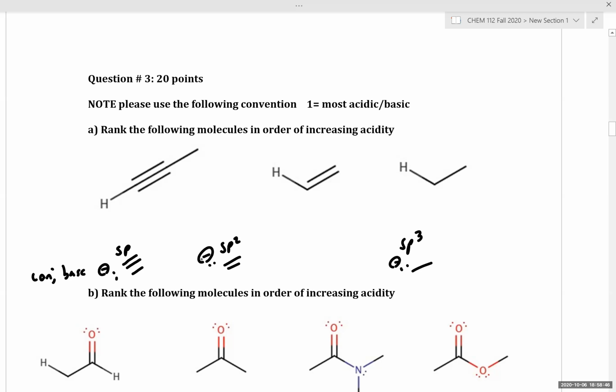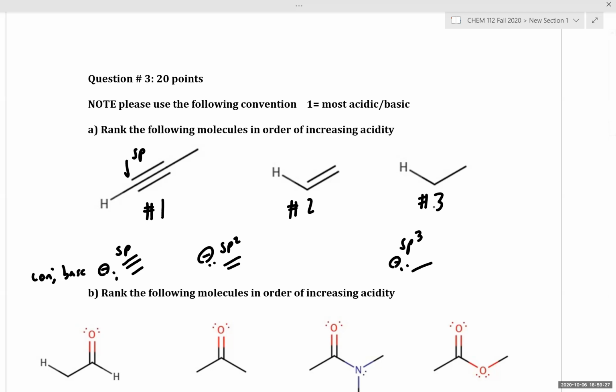As a result, because sp orbitals are more effectively able to stabilize the negative charge in our conjugate base, our alkyne, with its sp hybridized carbon-hydrogen bond, would be the most acidic because the conjugate base is the most stable. Following that same logic, the alkene would be the next most acidic, while our alkane is the least acidic.